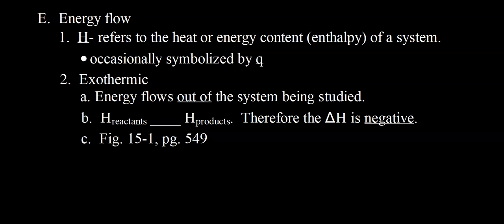We've seen delta H before, and delta H is the change in enthalpy, or change in heat content, or change in energy that accompanies some chemical process. Sometimes enthalpy or heat content is symbolized by Q, like we see in Q equals mcΔT. That Q is referring to heat content, technically the transfer of energy that occurs.